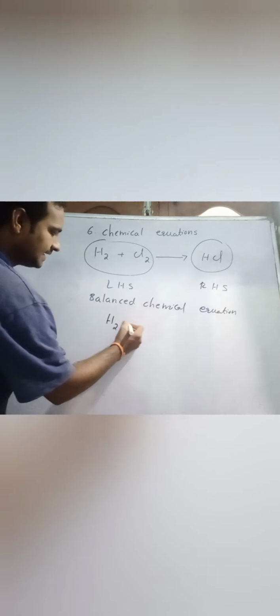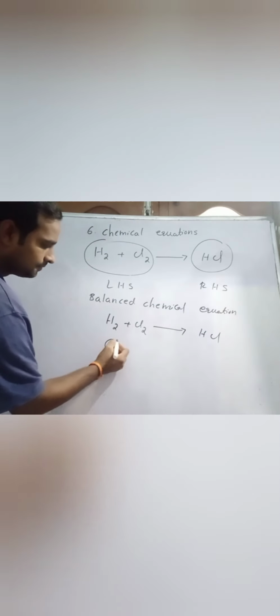Clear? But in this equation, H2 plus Cl2 give rise to HCl. Here number of hydrogen atoms is 2, number of chlorine atoms is 2. H2 means number of hydrogen atoms 2, Cl2 means number of chlorine atoms is equal to 2. But in RHS, hydrogen atom only 1 and chlorine atom only 1.